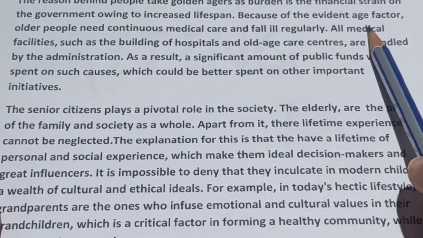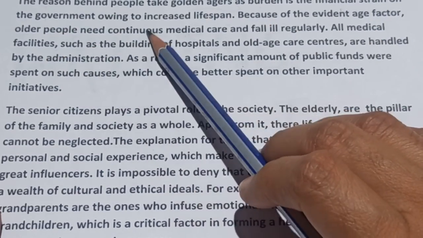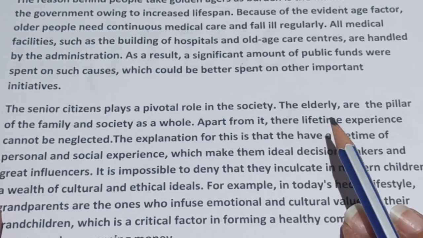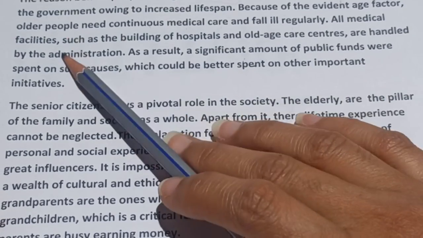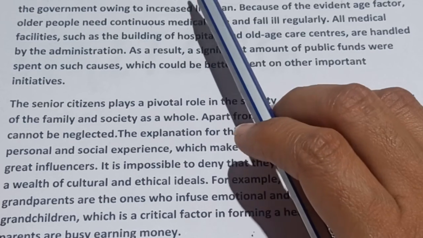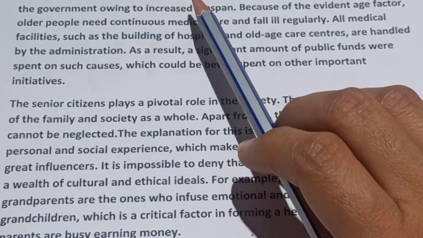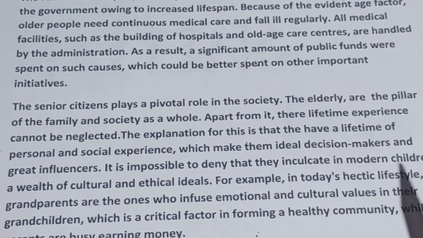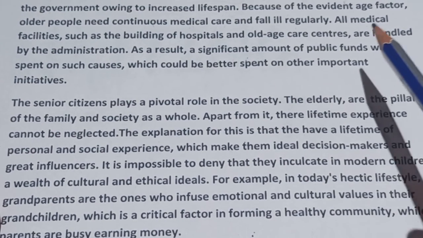Because of the evident age factor, older people need continuous medical care and fall ill regularly. Now, because of this age factor, what will happen? Older people need continuous medical care. So that is the burden on government, that they have to spend a lot on older people for the medical purposes.